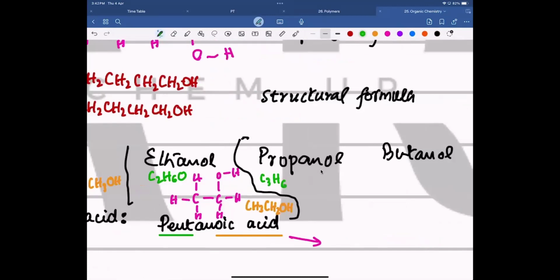Okay, so it is C3H8O, or it can be C3H7OH. So that is the molecular formula. For the displayed formula, I will put it like this.